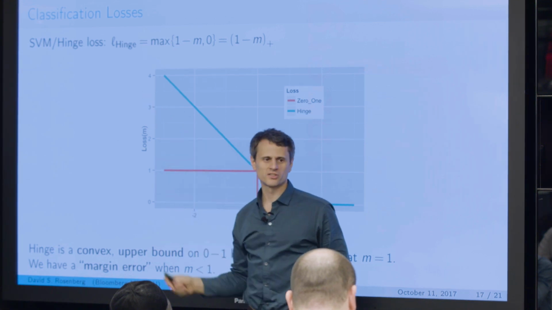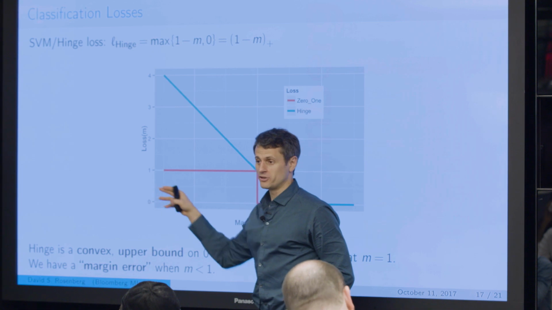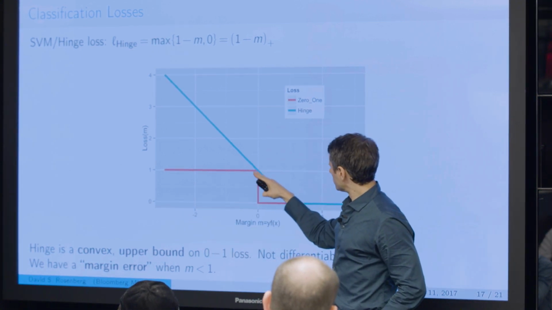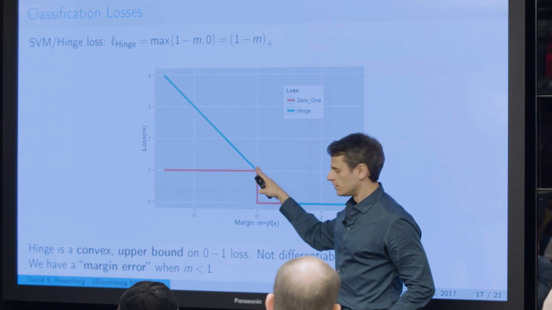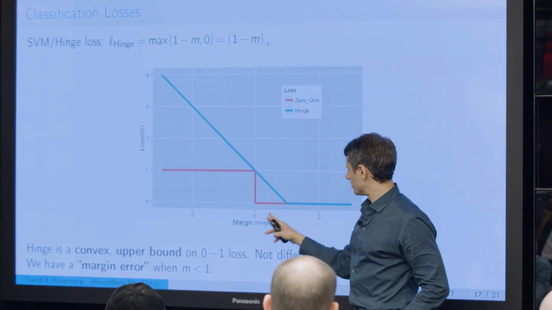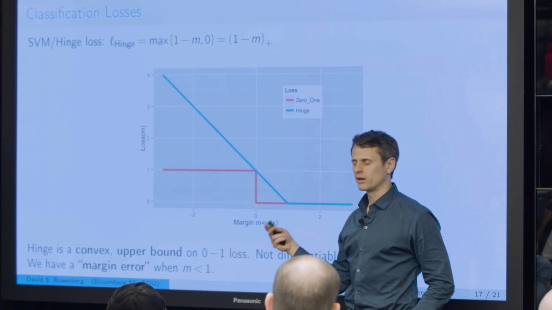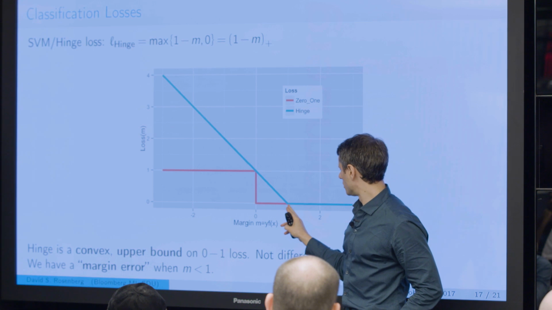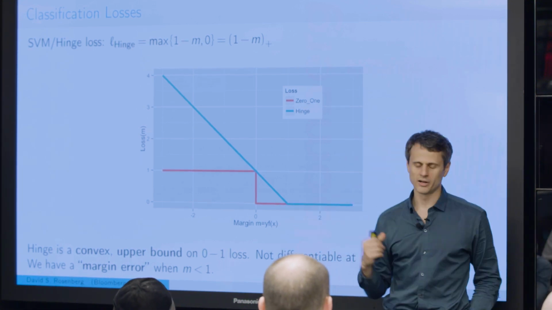The penalty increases linearly with the margin being in the bad direction. Even at 0, we have a loss of 1. And even in this region between 0 and 1, which is on the positive side of the margin, we're still penalizing. Then it finally hits 0 at the margin of 1, and it's constant at 0 to the right.